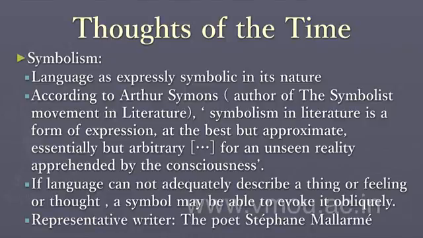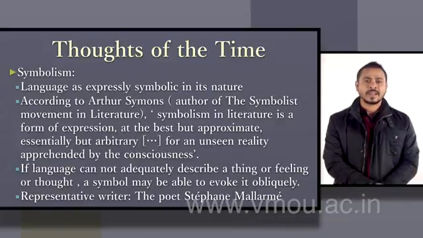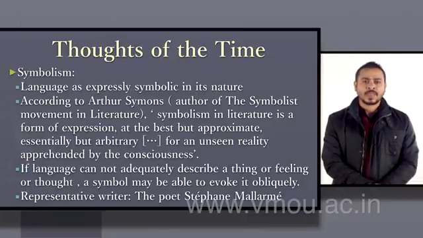Symbolism tried to inform about the incapacity of language as a mode of expression. We all know that symbolism tried to inform us that language is symbolic in its nature.